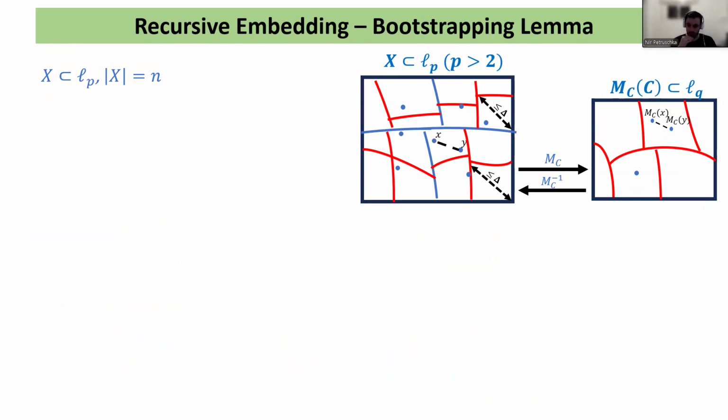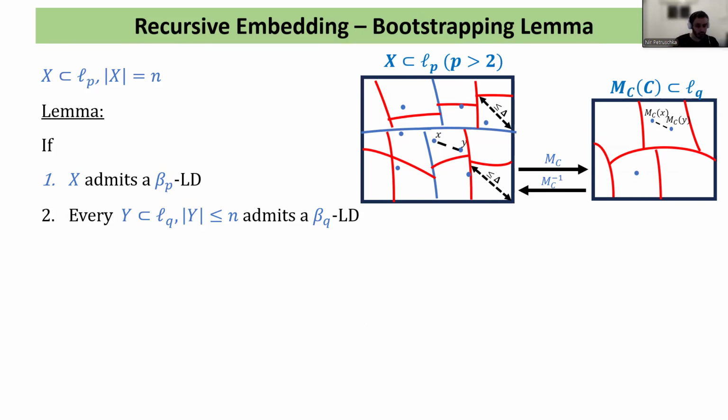What we actually showed in the paper is a lemma, which we call the bootstrapping lemma. The lemma says that suppose that you have some set X, and you know that this set admits some initial decomposition, and suppose that you know how to construct solutions in LQ for every finite point set. So you can take these two decompositions. In our paper, in this picture, this is the combination of the blue and red lines.